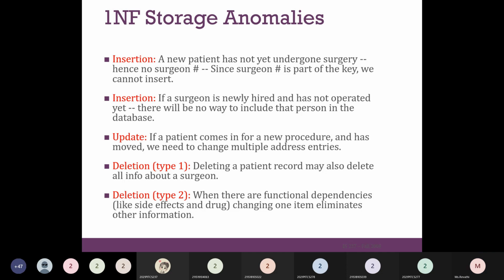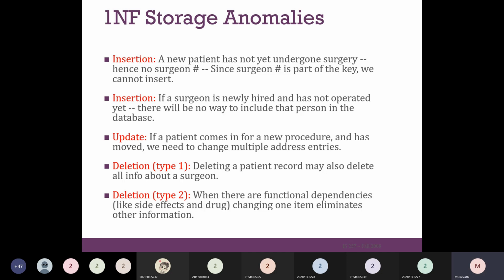And here comes the example for update anomaly. If a patient comes in for a new procedure and has moved to some other location, we need to change multiple address entries. Wherever the address entry is maintained in your relation, we have to make a change in all the respective places.